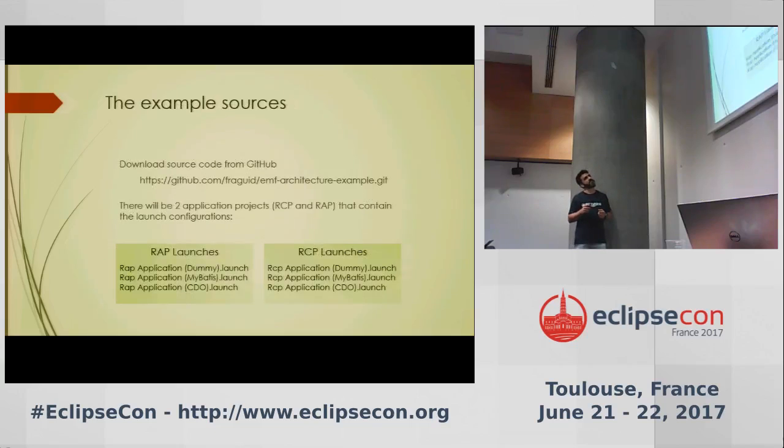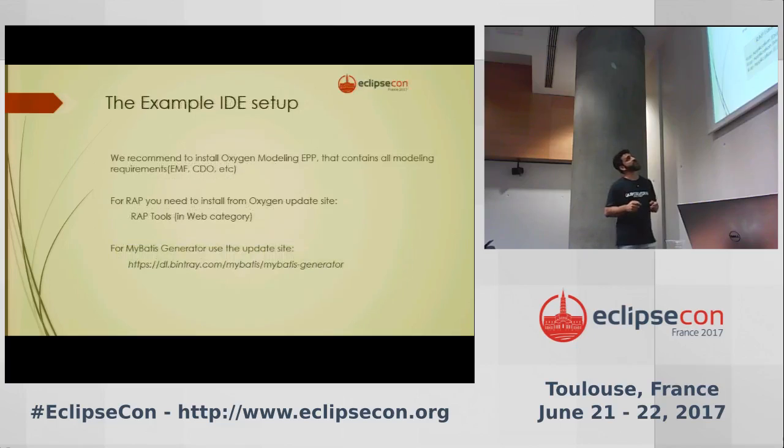So here are the sources of the example that we are going to see, and you'll find two different applications, one for SCP and one for RAP, with 3 launches each. Those are the 3 persistent implementations. For the IDE, we recommend installing the Oxygen modeling package that contains all the modeling requirements.